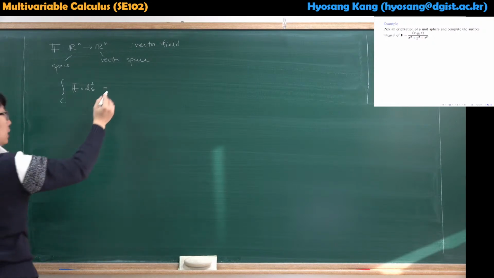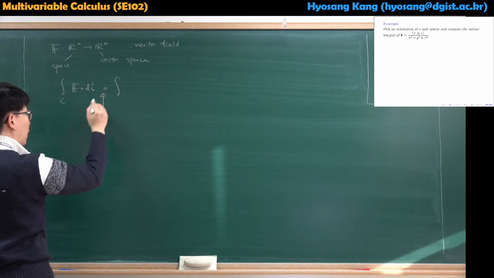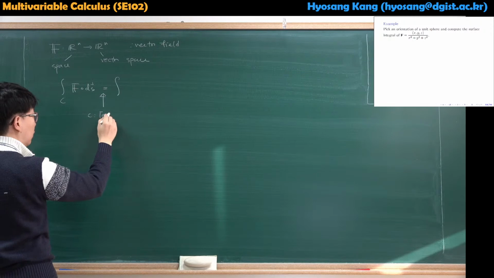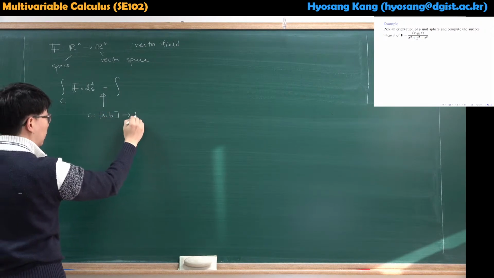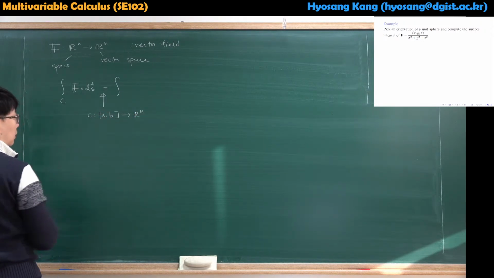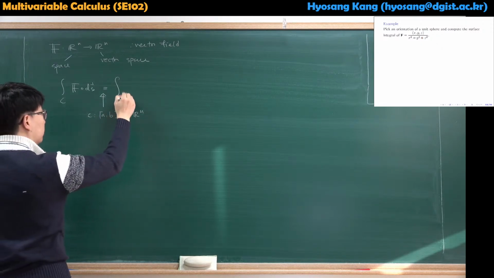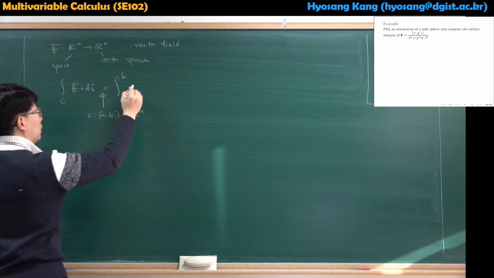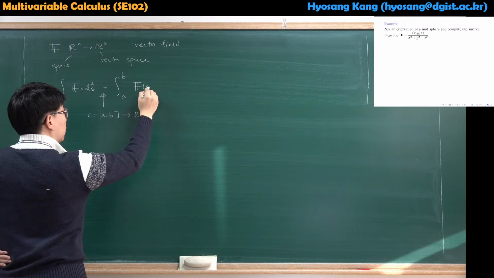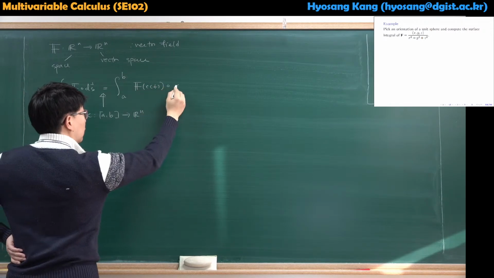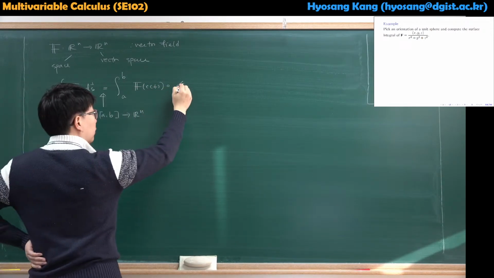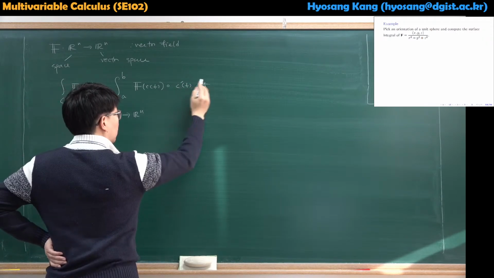How we defined it is the following. Suppose that we have a parameterization of this curve using the interval a to b, then this is defined to be f of c(t) inner product with c prime(t) dt.